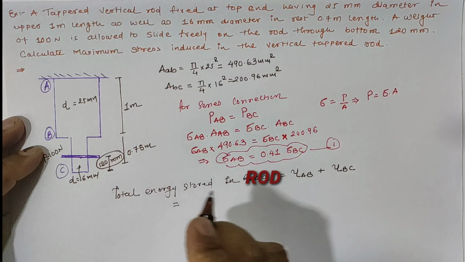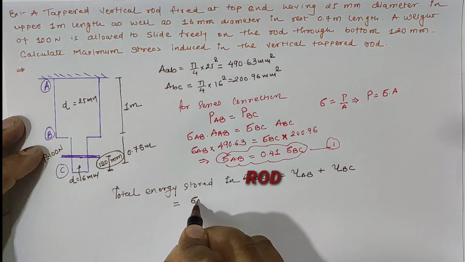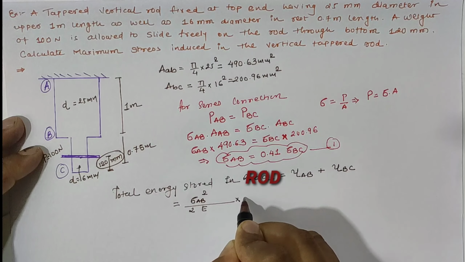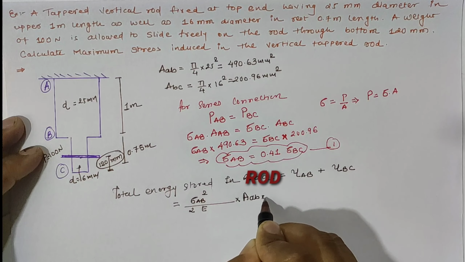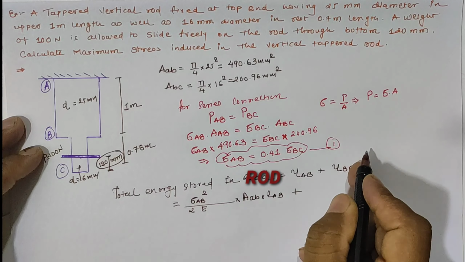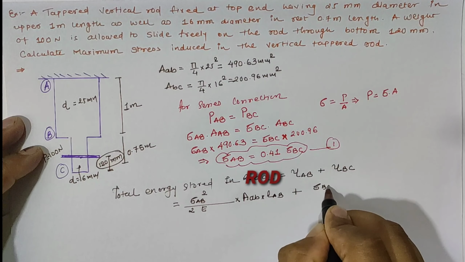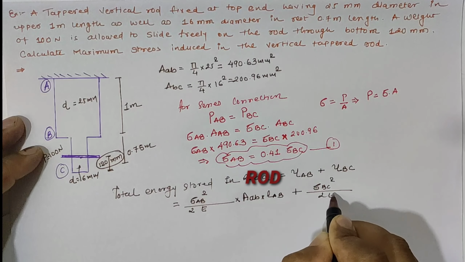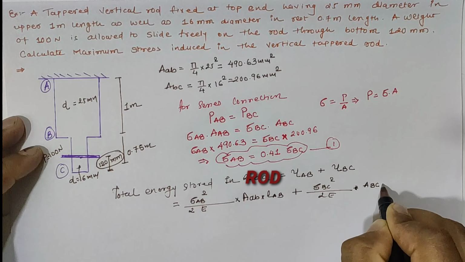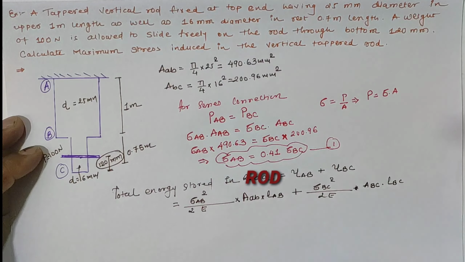Energy stored in part AB can be calculated by sigma AB square by twice E into volume of AB. It means area of AB into length of AB, plus for the BC part it is sigma BC square by twice E into volume, as area BC into length BC.